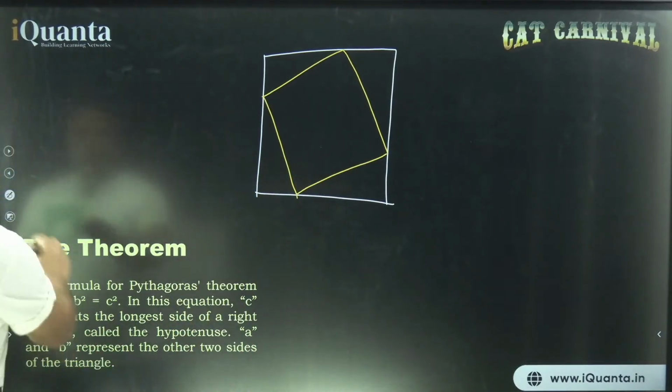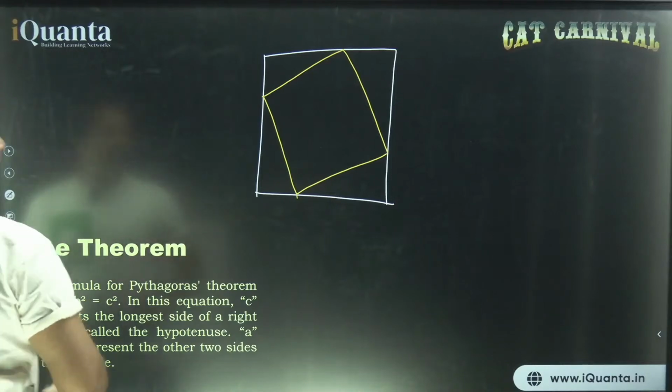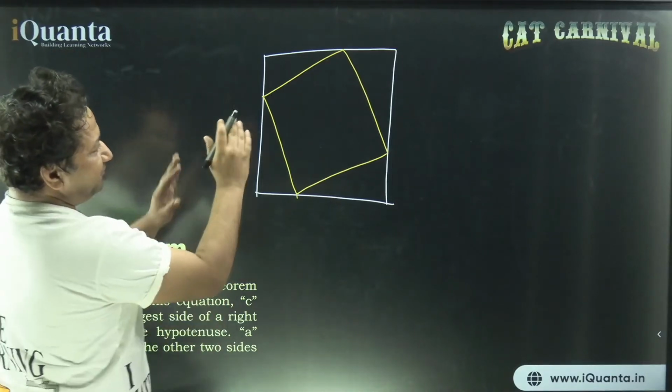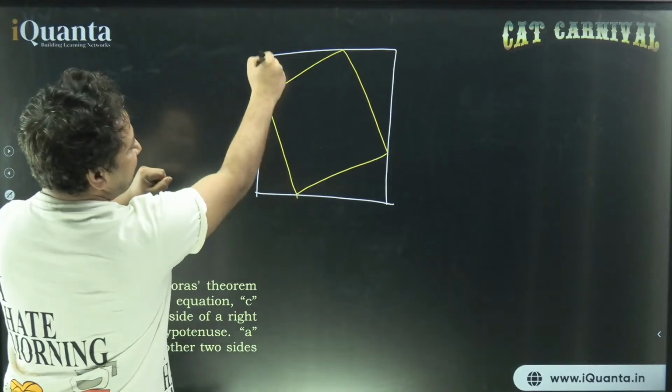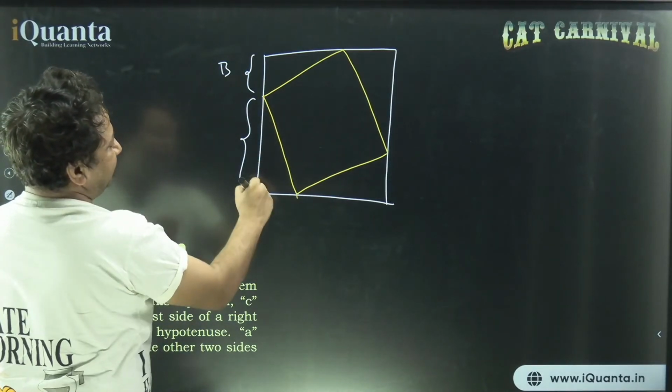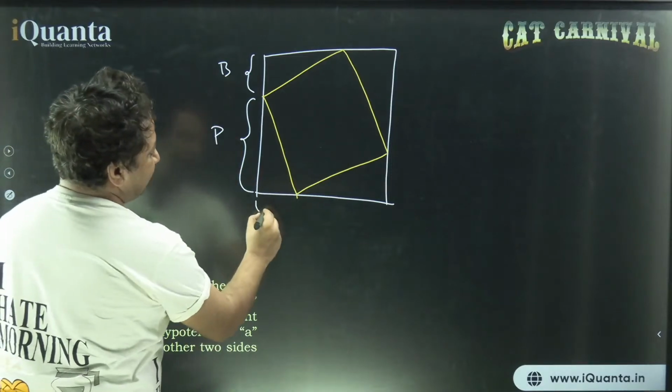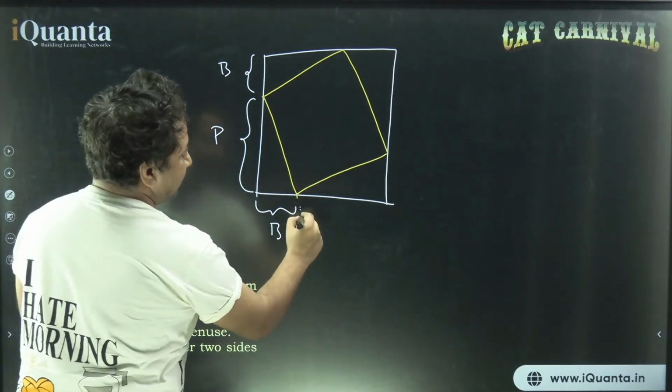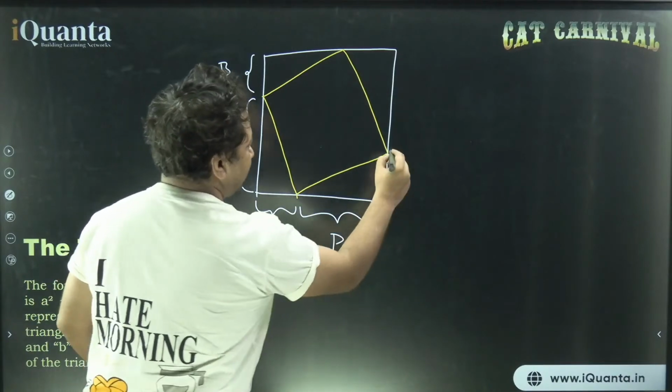Okay, so I'm saying that I have divided this line as this is B, let the length be B, and here let the length be P. So I divided in the same way as B and P. Is that clear?